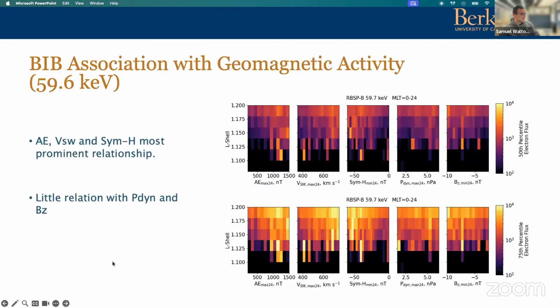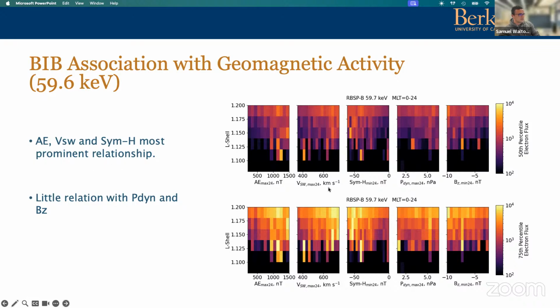Okay, so the first thing, can we make a basic association with some forms of geomagnetic activity? For now, we're sticking with the 59.6 keV electrons, the tens of keV, just because there was a lot of data. We had to start somewhere.